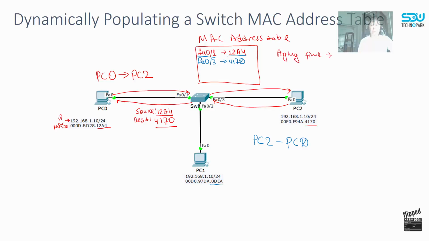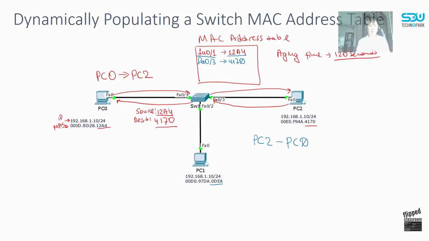By default, if I'm not mistaken, it is 120 seconds. After 120 seconds, if these addresses are not in use, I mean if these computers are not communicating for 2 minutes, then the MAC addresses are deleted from the MAC address table by the switch, due to the fact that we have a dynamic network.